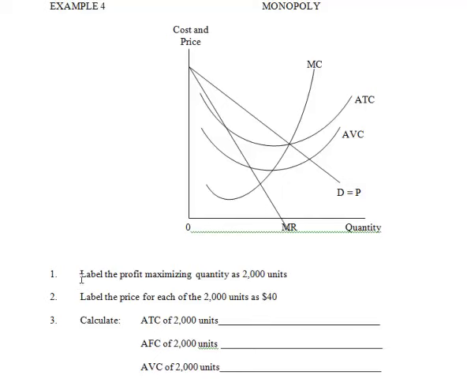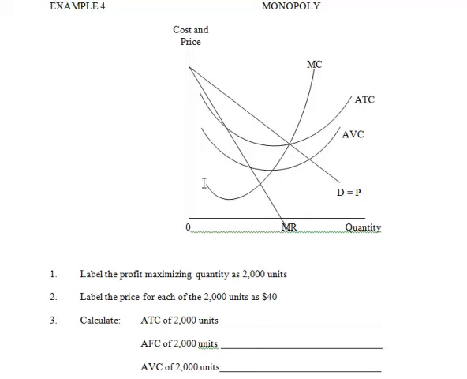In this case, I said label the profit maximizing quantity as 2,000, and label the price for each of these 2,000 as $40. The main thing you have to keep in mind is the price for monopolies and monopolistic competition is always going to be greater than the marginal cost. So the price is always measured from the demand curve.